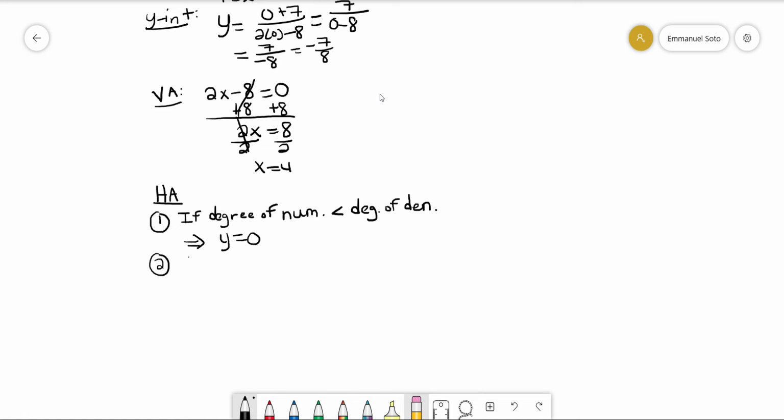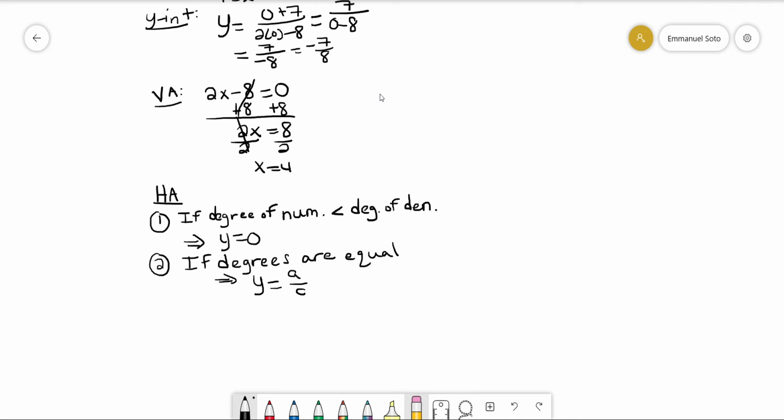The second case is if the degrees are equal. That means that you're going to take the ratio of the leading coefficients, and that's going to be your a over c. So I'll write out how that would look.